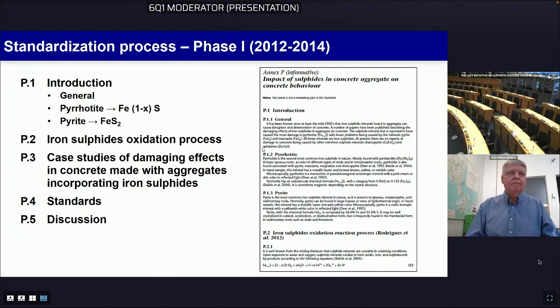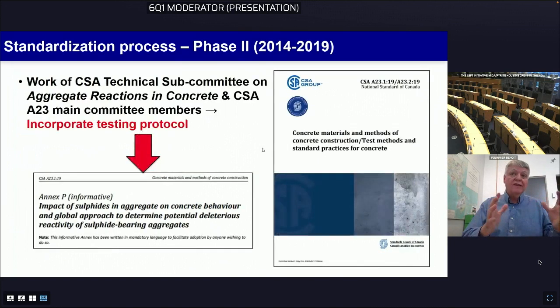That was the first phase that lasted from 2010 to 2014 with the publication of the edition of the concrete standard that incorporated that Annex P. In the next cycle of the standard, which lasts 5 years, the committee continued to work in standardizing the results of the research.